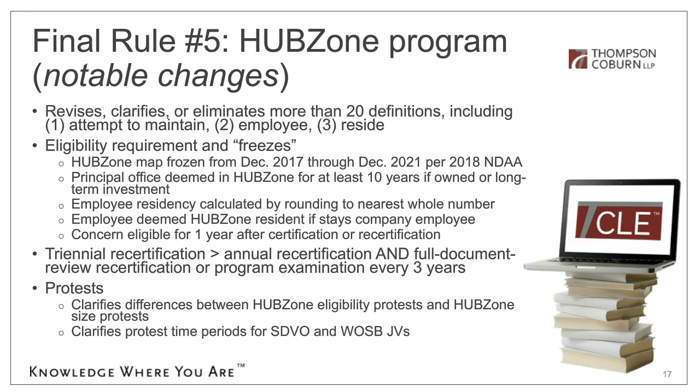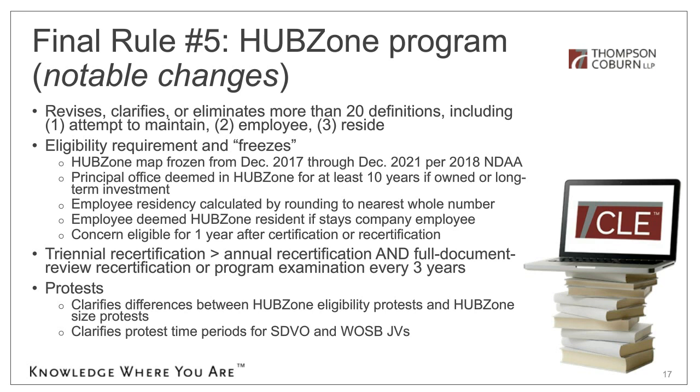But SBA was directed by Congress to freeze those maps as of December 2017 and freeze that map until December 2021, which basically meant that if somebody believed that they were doing business in a HUBZone on November 30th of 2017, they could still count on the fact that where their office was still going to be considered to be a HUBZone right now, today, January of 2020.